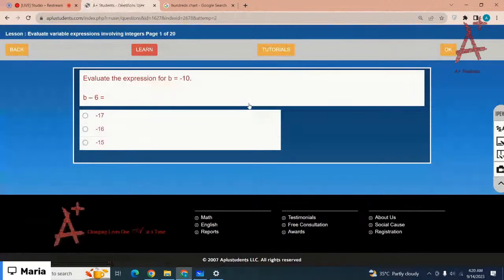Okay, evaluate the expression for b equals -10, right? So just replace the b with -10. It is b minus 6.